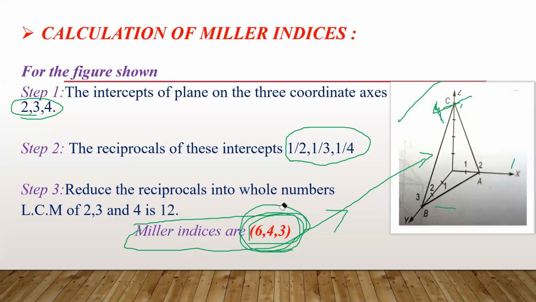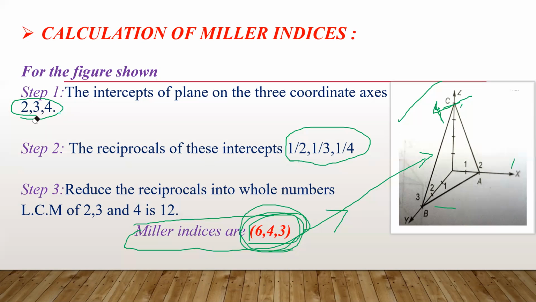Then you get 1 by 2, 1 by 3, and 1 by 4. Then you do the reciprocation again. What will you get? 2, 3, and 4. So we obtained the intercepts 2, 3 and 4 from the Miller indices 6, 4 and 3.